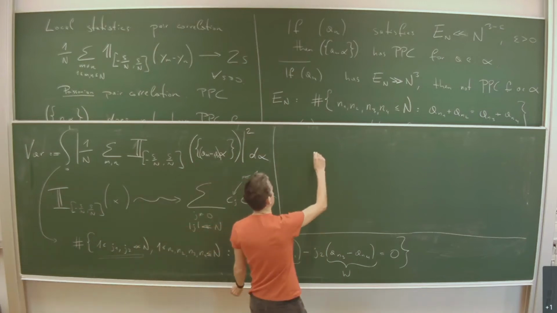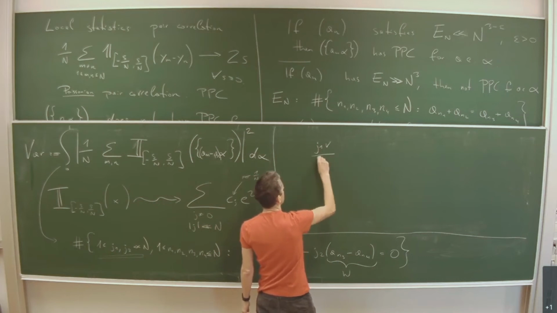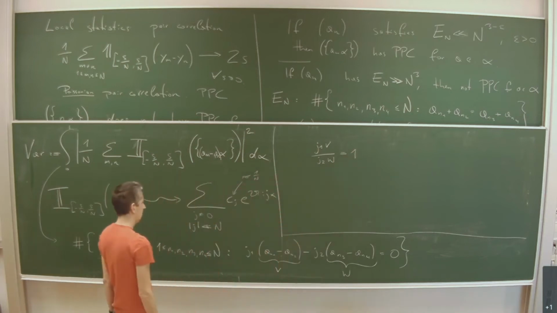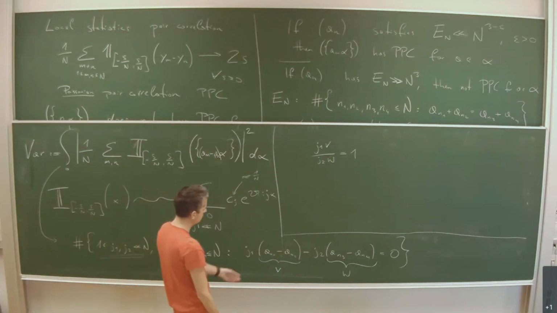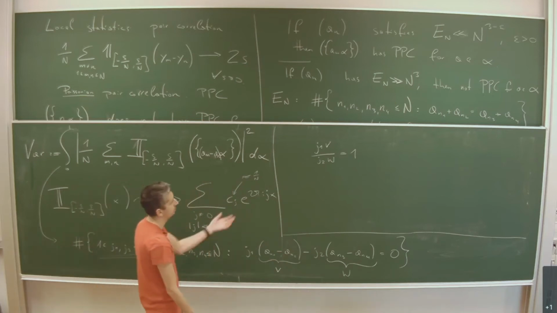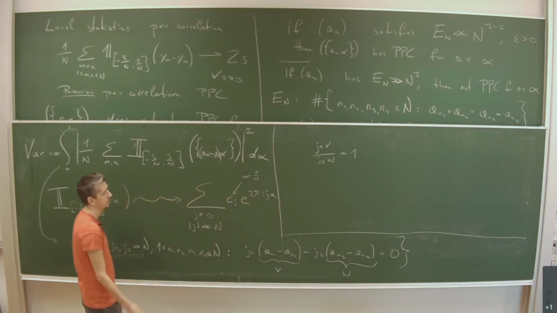So we're trying to count if J1 V over J2 W is 1. So let's assume that we have fixed V and W. Now we're trying to count how often this is 1 when we take a summation over these possible values of J1 and J2.